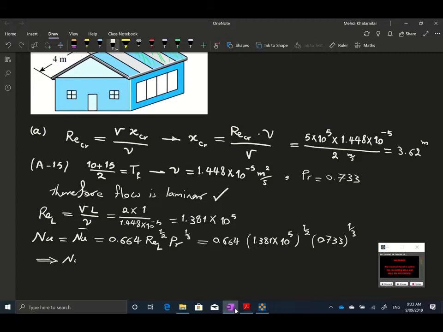So therefore, average Nusselt number is going to be 222.5. Okay.